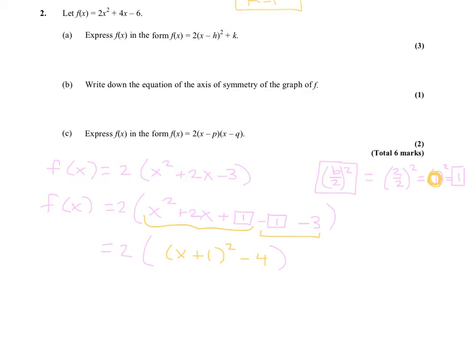So we're going to redistribute the 2 to each term. So we're going to distribute it to this term and to this term. When we distribute it to this term, it's just going to have to sit right in front of it because order of operations wouldn't let us distribute it on the inside because there's an exponent there. And then we distribute it to that -4, and so we get -8.